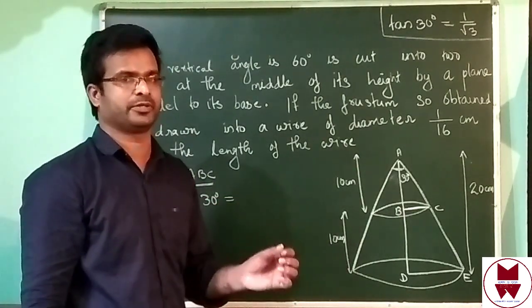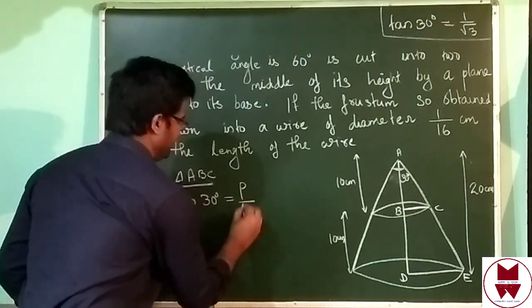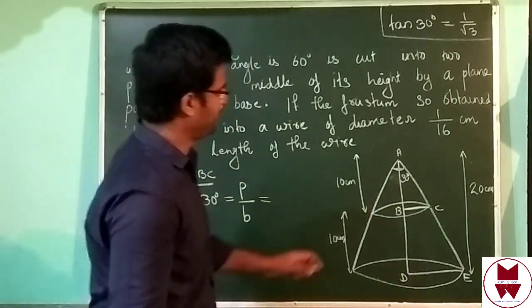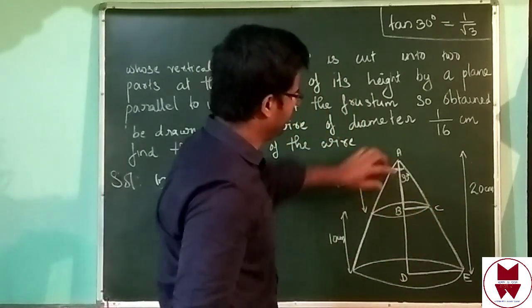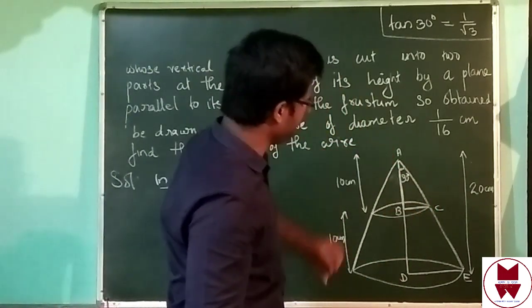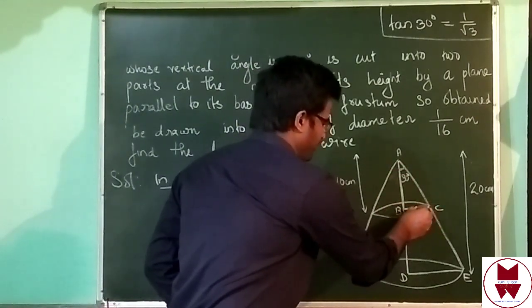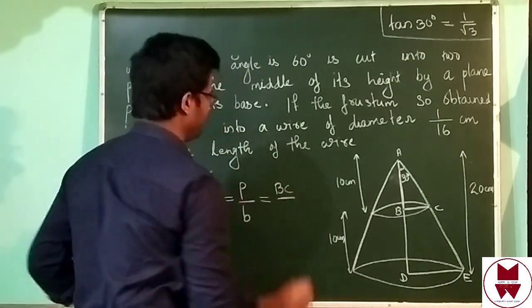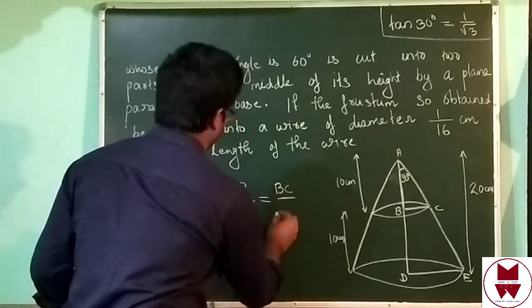Tan means perpendicular divided by base. If you consider triangle ABC, then this is our angle, 30 degree. What is perpendicular? The opposite side will be perpendicular, that will be BC. BC divided by, what is base? Base will be AB.